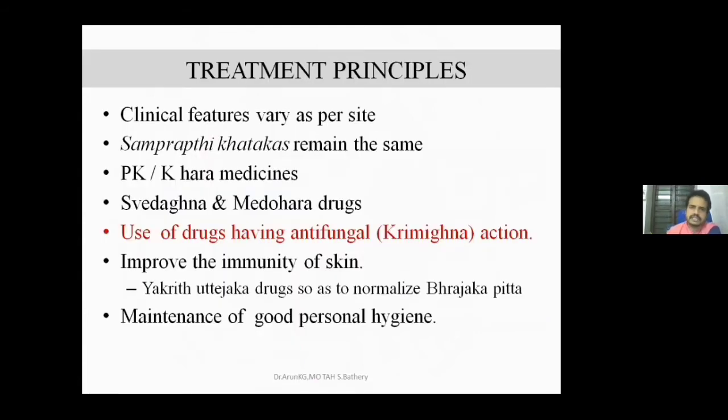Now we can consider the treatment principle. As we found in our previous discussion, the clinical features of these superficial fungal infections vary as per the site, though the causative organisms come under only three categories.